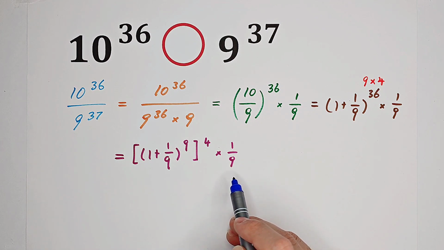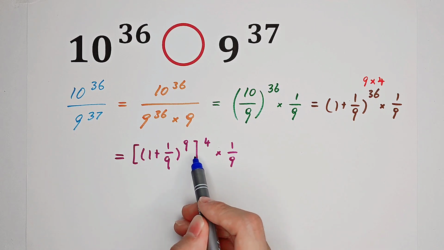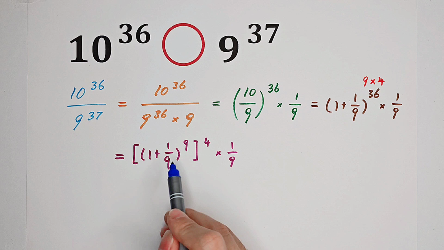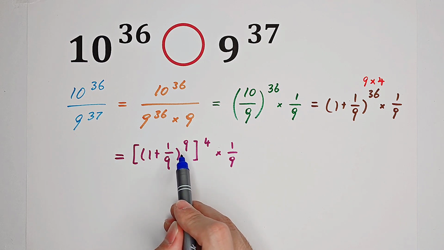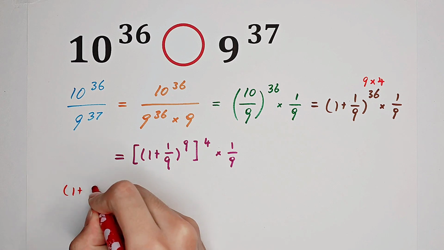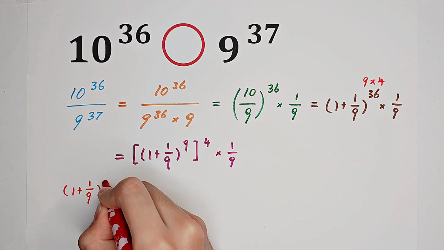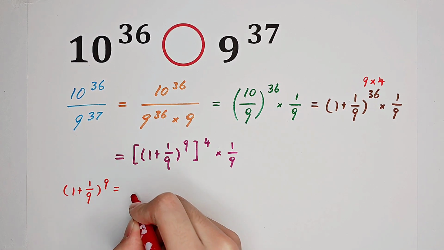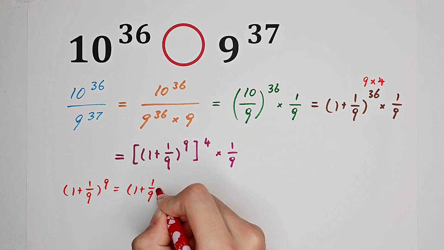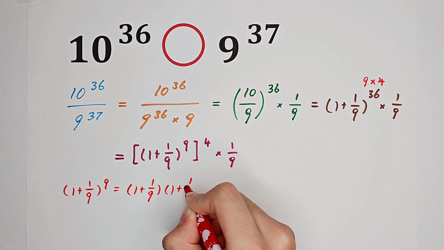Now, pay attention. In the bracket, we have 1 plus 1 over 9 all to the power of 9. It means that this one is 1 plus 1 over 9 times 1 plus 1 over 9.